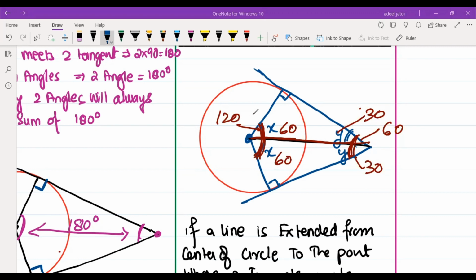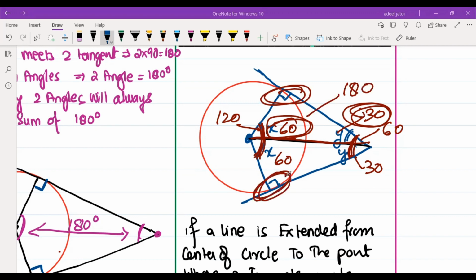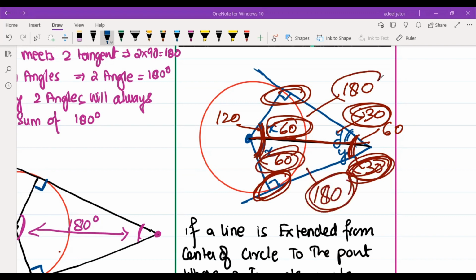If you see, 60 plus 30 creates what? 90 degrees. So 90 plus 90 is what? Sum of a triangle is what? 180 degrees. This is 90. 90 plus 30 is 120. 120 plus 60 also creates what? Sum of 180 degrees. And 180 plus 180 will make the sum of what? Quadrilateral.